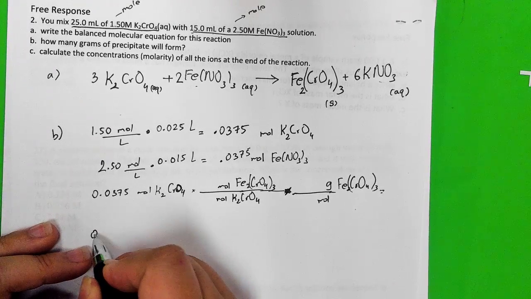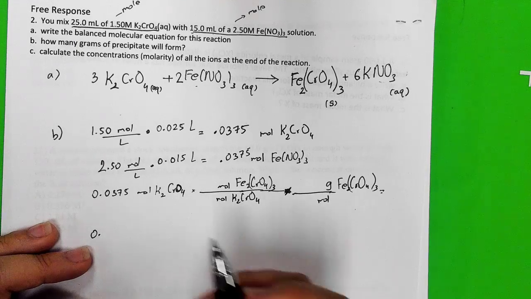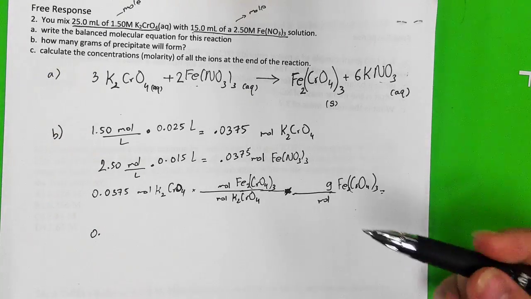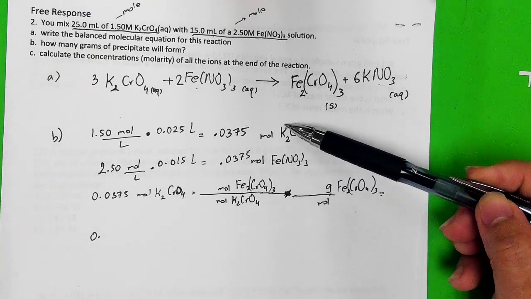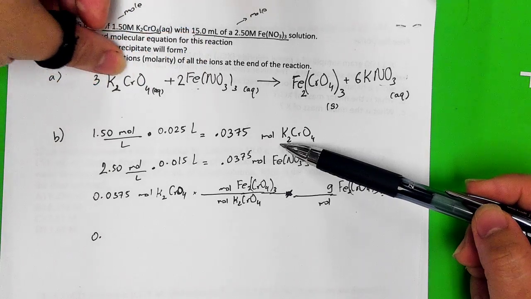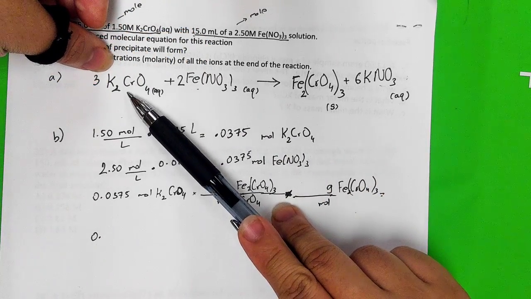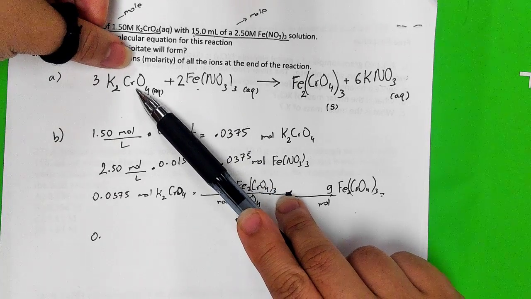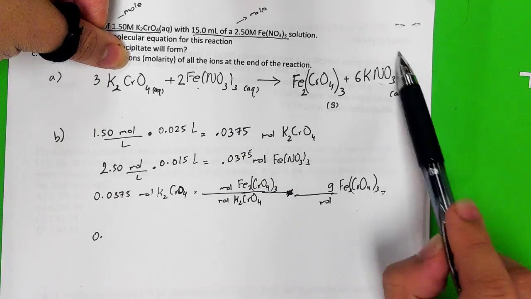You're going to get an answer. You don't need to find both of them. Here's the reason. Take a look at both of them: they're the same mole amount. Look here, you need 3 of this and 2 of this, so that means you're going to use more of this to make the product.